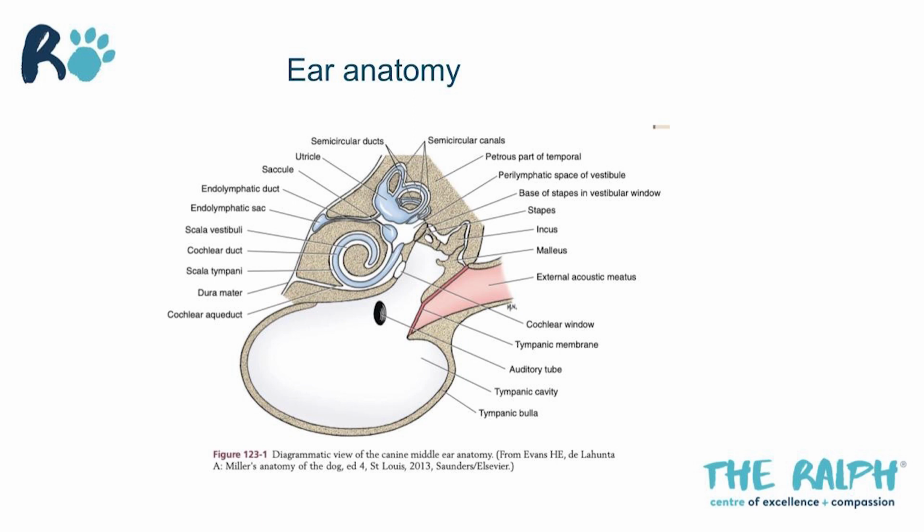We all know that middle and inner ear functions are hearing and balance. So the middle ear is separated from the inner ear through these windows here, the oval window and round window. This is the area that we should be the most careful when we do a TECA and lateral bulla osteotomy. So dorsal and medial to the middle ear.